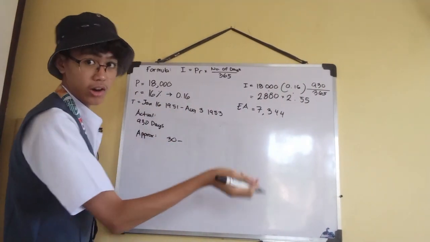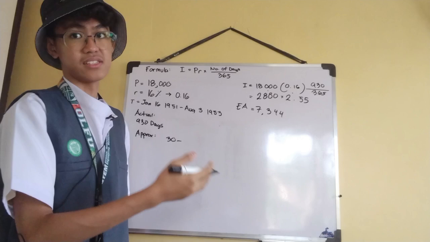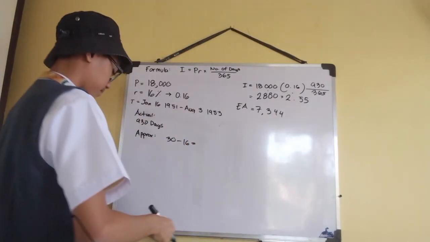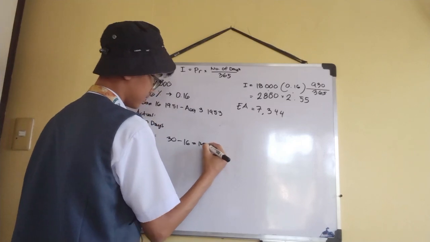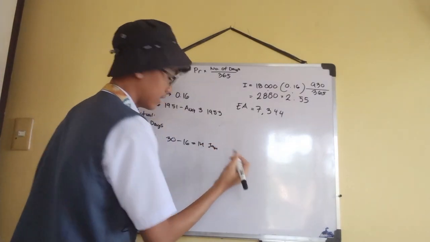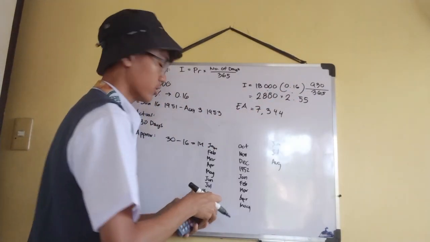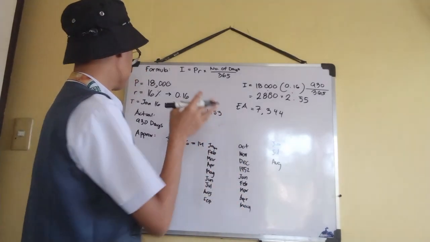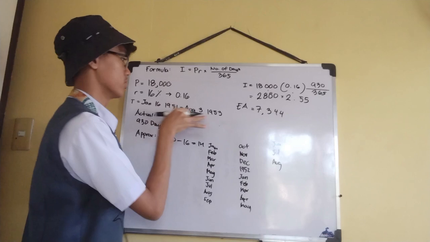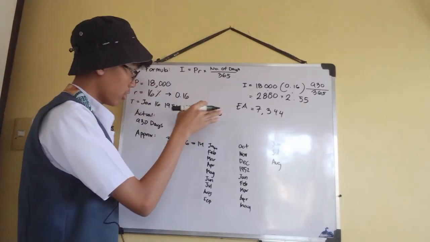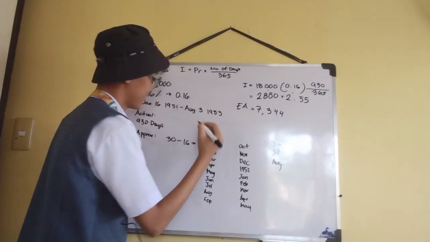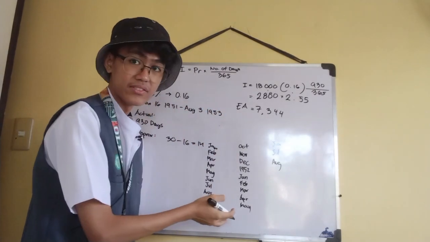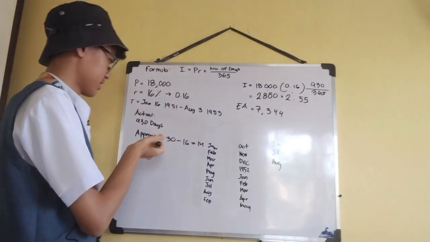Let's proceed with approximate time. Since all months in approximate time have 30 days, then we take 16 over here. That'll be 14 for January. Then once again list all the dates. After we list all of these months between 1951 to 1953, on August we write 30 in everything since it's approximate time.